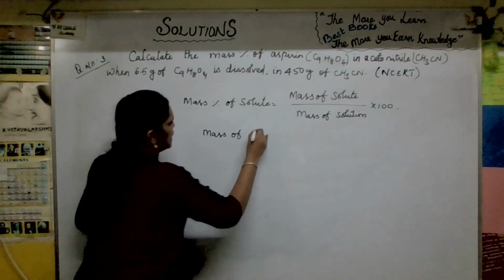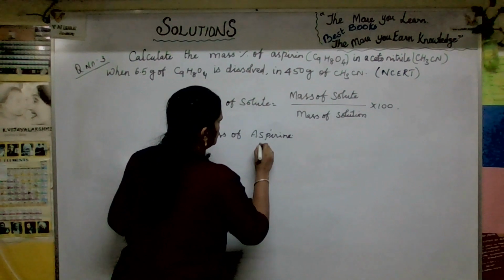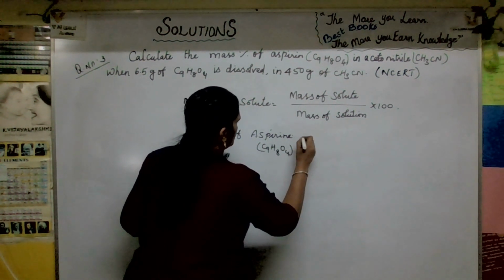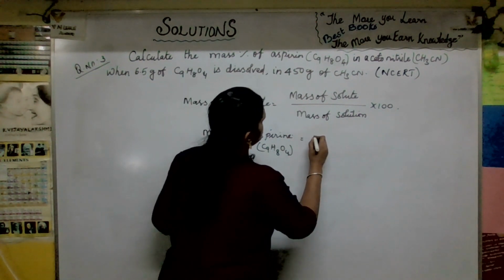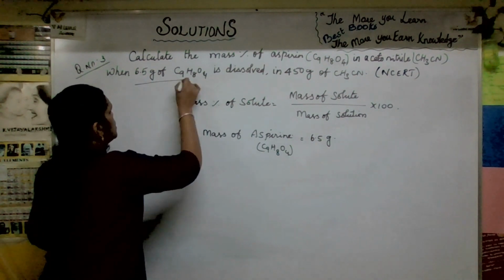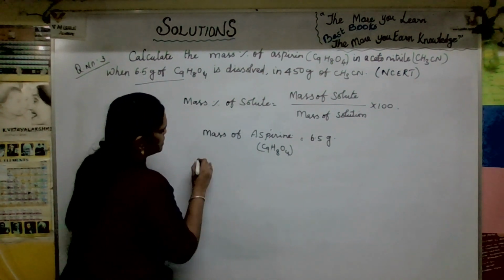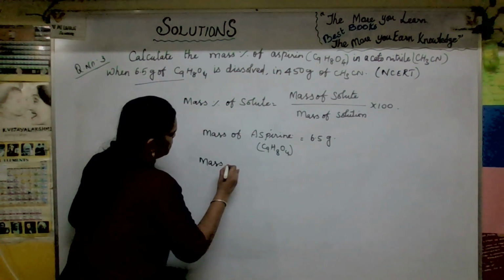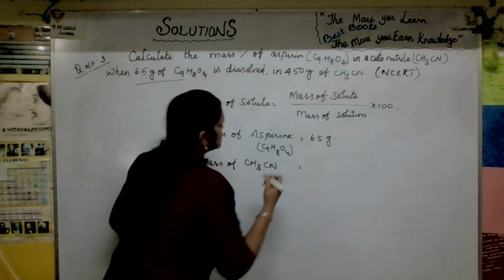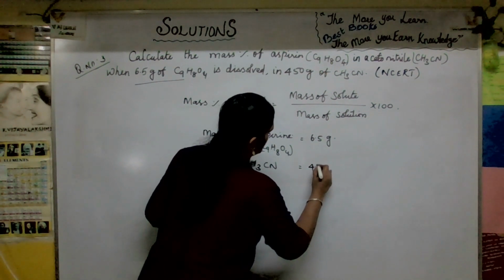Okay, now mass of aspirin C9H8O4 is equal to how much? 6.5 gram. That's what they mentioned: 6.5 gram of aspirin which is dissolved in acetonitrile. So mass of acetonitrile, CH3CN, that is methyl cyanide, is 450 gram.